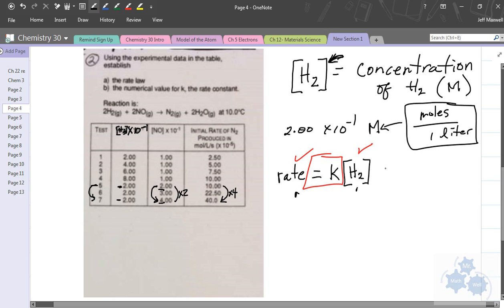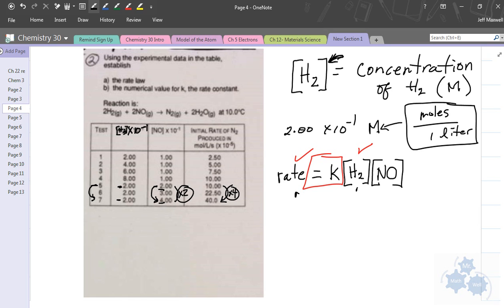So in our rate law, we want to definitely put NO in here, okay? And what you do is you put it as a multiplication, so it's k times H2 concentration times NO concentration. But this whole times 2 and times 4 thing, we have to account for that. We have to say somehow in this rate law that the concentration of NO affects the rate more than the concentration of H2 does.